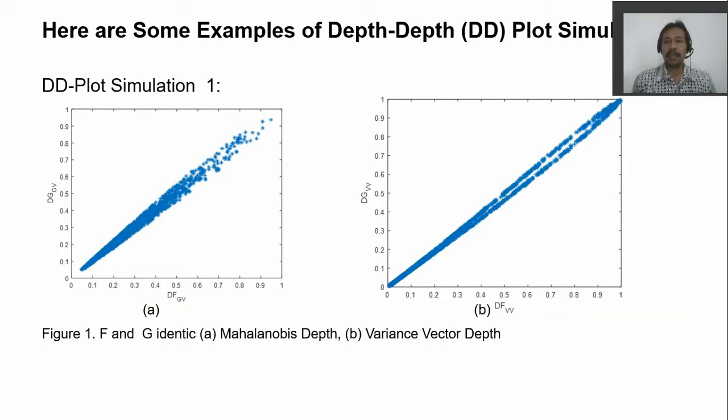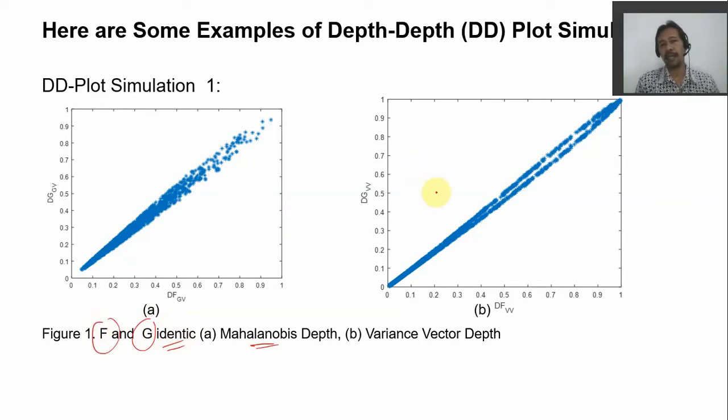Okay, this is the result of our simulation. For simulation number 1, we can compare the Mahalanobis depth, the left picture, with the vector variance depth, the right picture. As we know, in the first simulation both distributions F and G are identical.